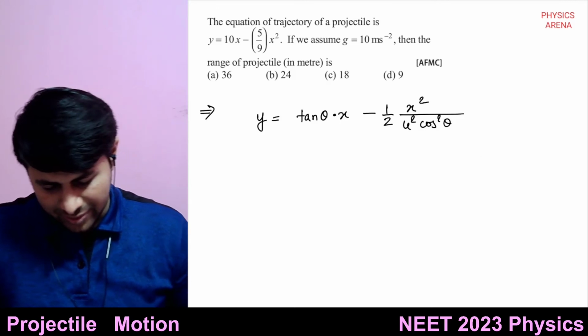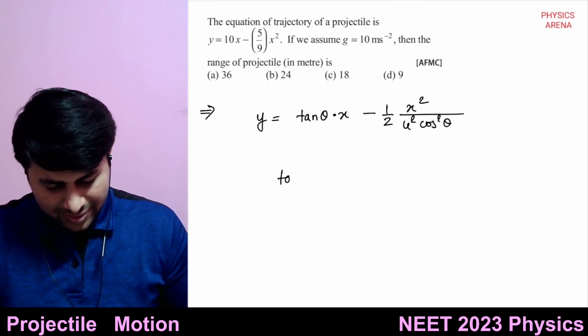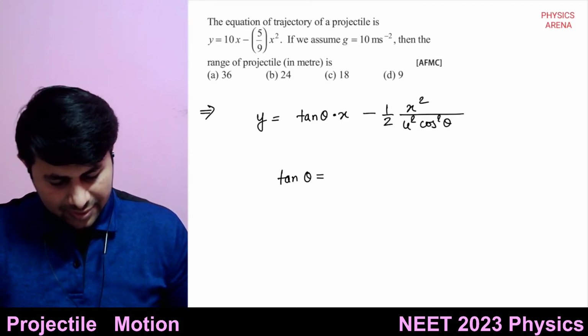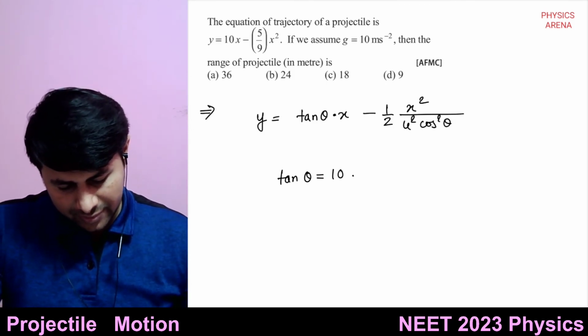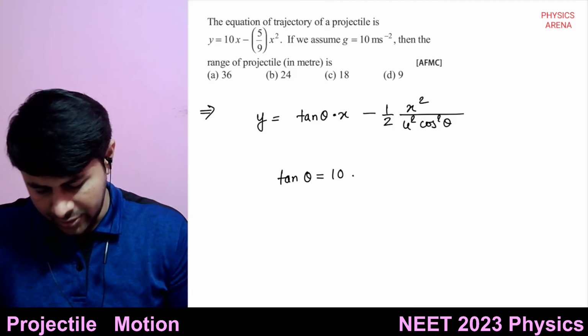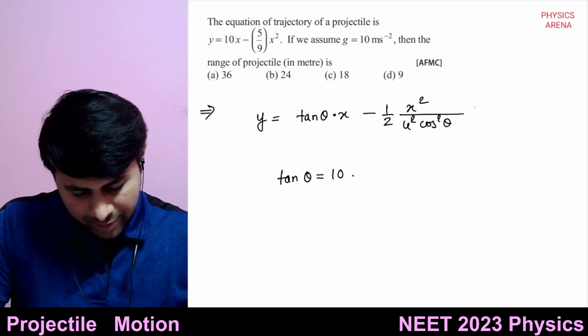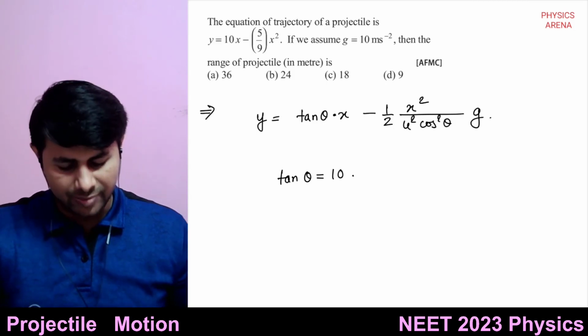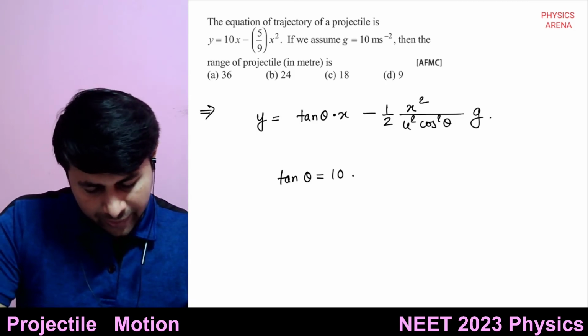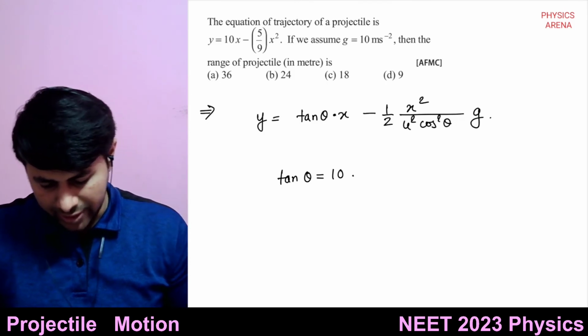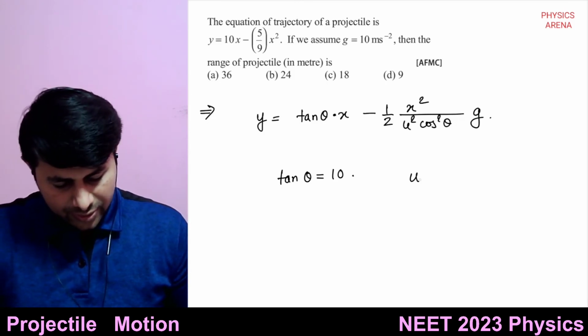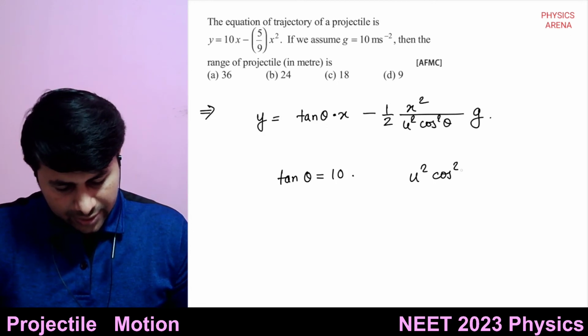Okay, so tan theta is 10 and it is 5 by 9. Okay, and you have g also. So half of g multiplied by this. Okay, so it's 5 by 9. So this is u square cos square theta is equal to 9. u square cos square theta is equal to 9.